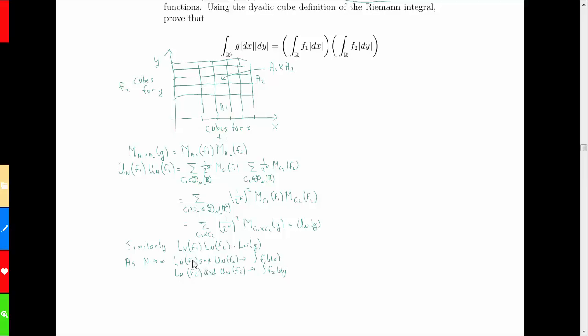The lower sum for G is the product of these two. The upper sum for G is the product of these two, and therefore the upper and lower sums for G approach the same limit.